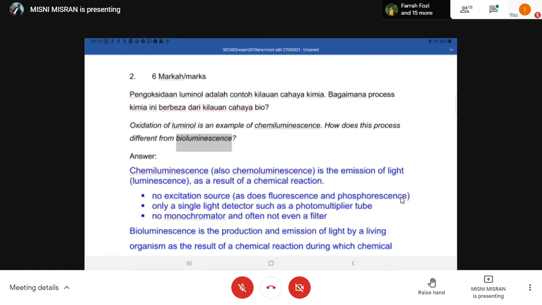Remember, there's 6 marks there. If you divide 3 each, you need 3 points from each, right? You can write the 3 points. You can write the differences, or you can write in one sentence, but describing what's the difference. Chemiluminescence, what is it? Bioluminescence, what is it?